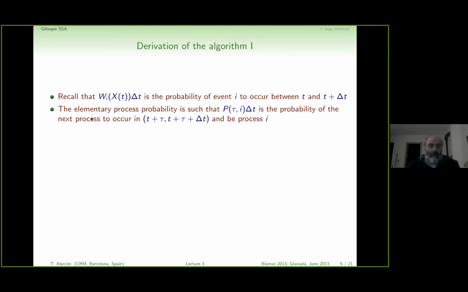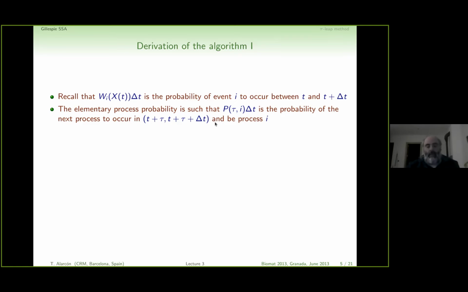Now, this elementary process probability is such that this quantity times delta t is the probability that the next process to occur in this time interval is process I. Basically, we are looking at the state of the system at time t, and then we look some time units into the future.